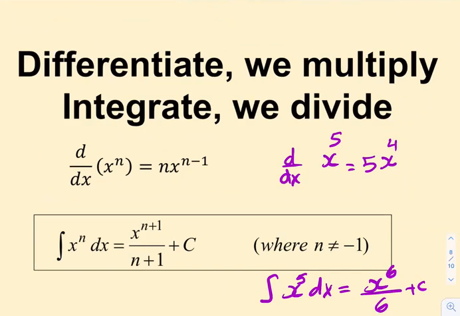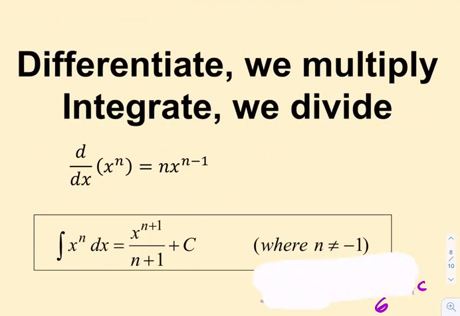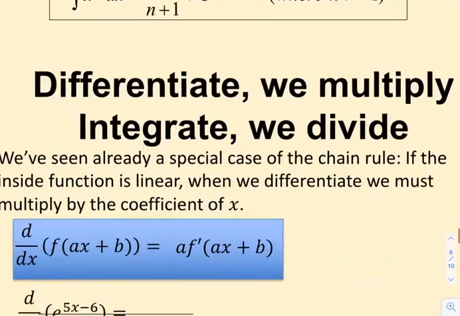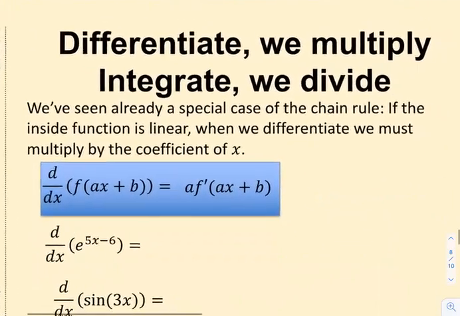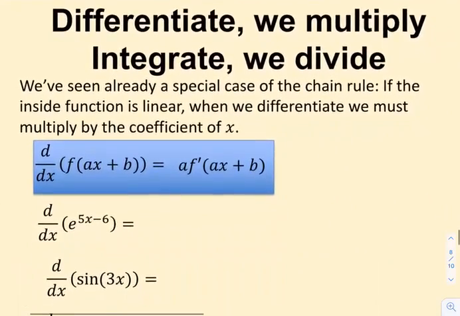Just want you to remember which one is which. Don't mix up, yeah? It's a shame if you mix up in the exam and instead of integrating, you do the differentiation. So differentiate, we multiply, and integrate, we divide.